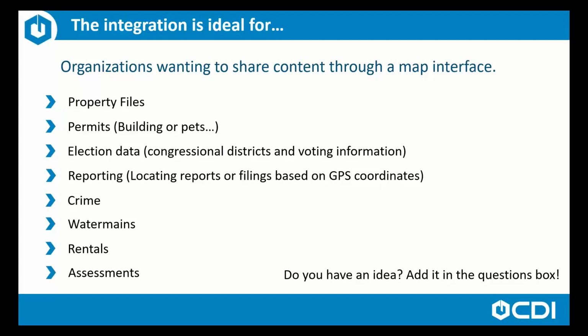If a homeless person is picked up or stopped by a police person, they can look up that person by name, maybe see all the different other locations that they've been stopped, things like that. So you can tie all of those different types of things into your map and your corresponding data within Laserfiche. If you have any ideas of how you might want to see this integration used, feel free to put it in the chat and we'll read those later on.